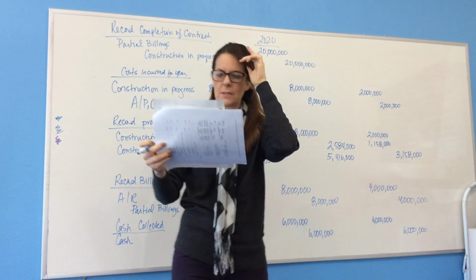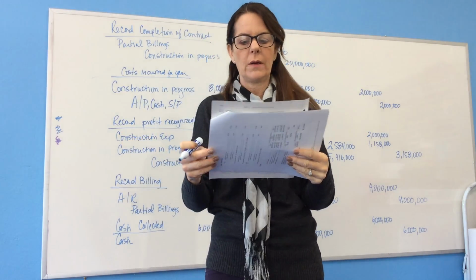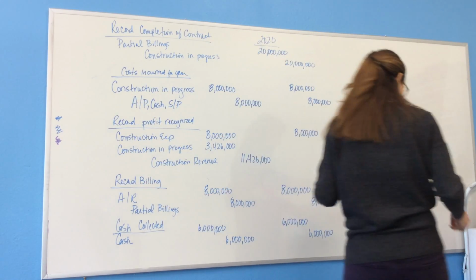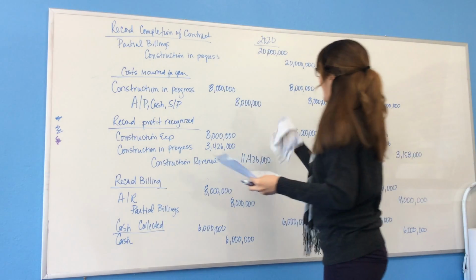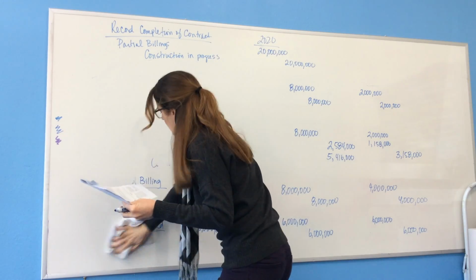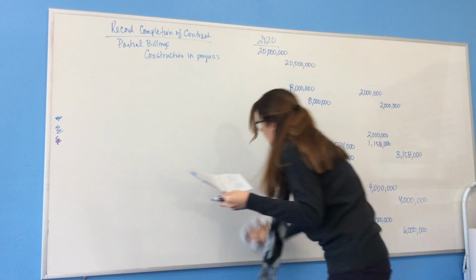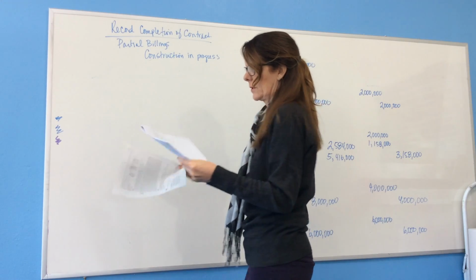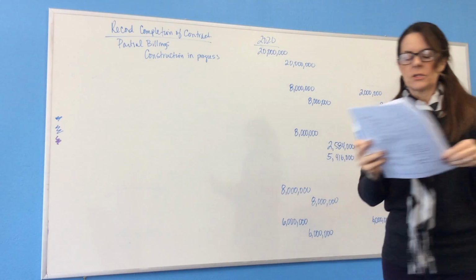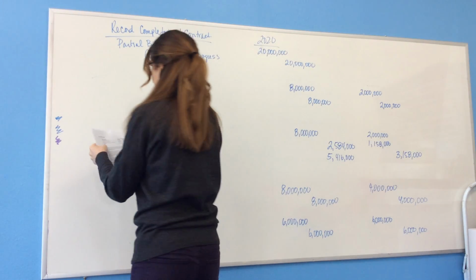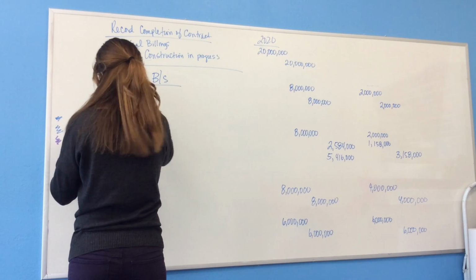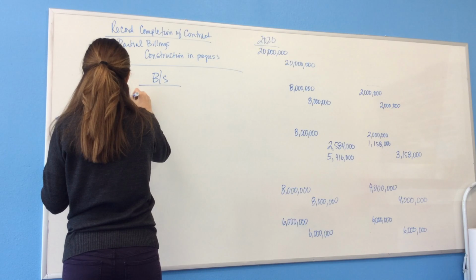It's like craziness. How will this project be carried on the balance sheet for 2019, for 2020, and for 2021? Let's see if we can do that really quick on this side. All right. So on the balance sheet, it's not asking for the income statement, but the balance sheet, everything is going to be under current asset.